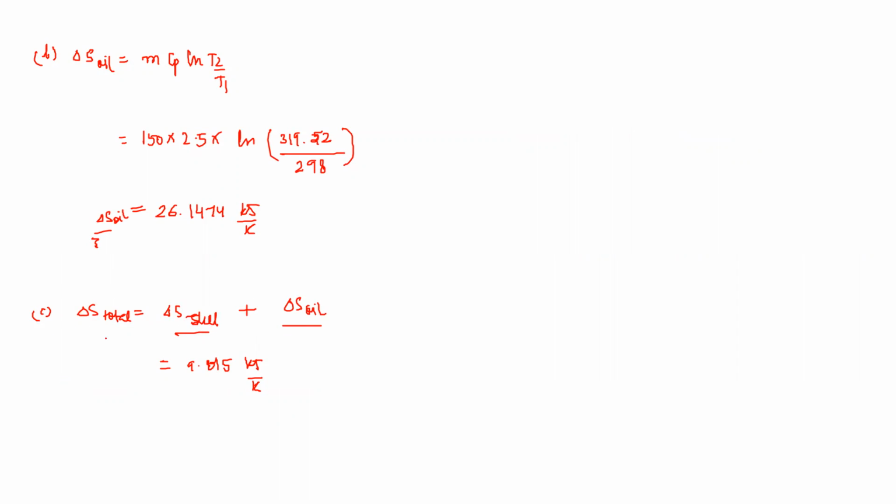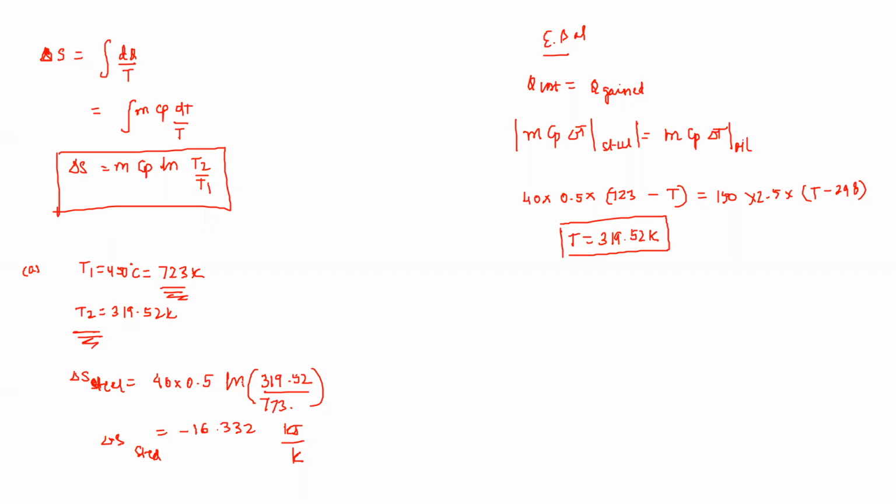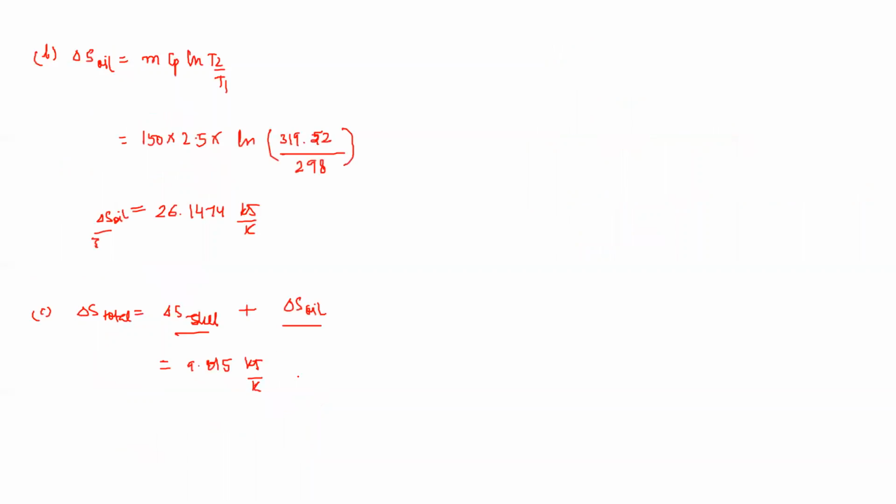Entropy change for steel is MCp ln of final temperature upon initial temperature, and same for oil. So that's how we get the total entropy change. Now the total entropy change is positive. Hence, the change that took place is spontaneous in nature. That's what we get from here.